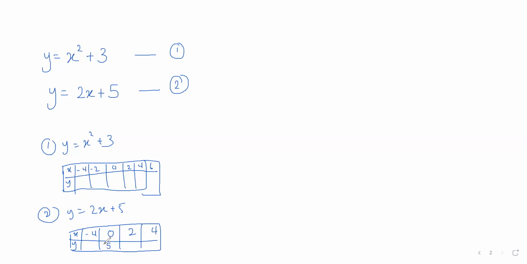All right, so let's fill up the tables. This will be 5, 2, 4, 9, 13, negative, -3.